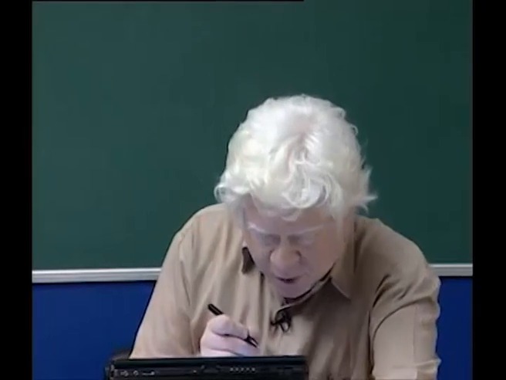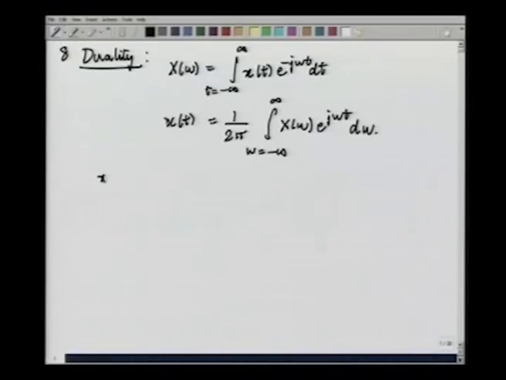Let me put it another way. Suppose for some x(t) you have evaluated X(omega). Now, suppose in the omega domain you had the same function small x, that is to say you have x(omega), then the similarity between these two expressions will be able to give you the expression for the inverse transform.